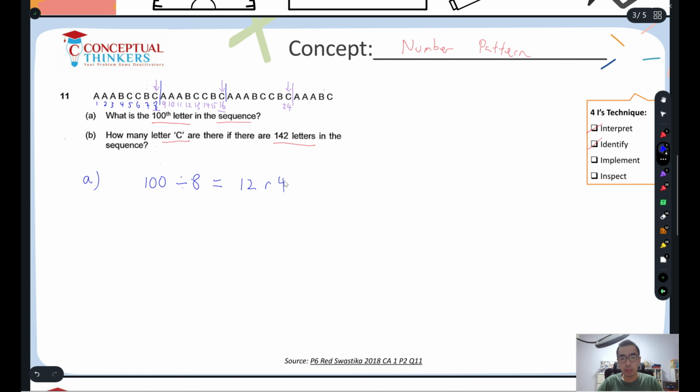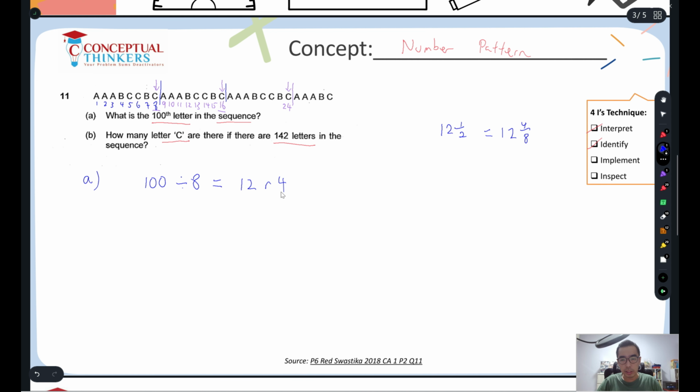When you press your calculator, you probably will get 12 and a half. Since we are dividing by 8, we make our denominator 8. So this can be written as 12 and 4 over 8. This 4 will be your remainder. This is when you use your calculator to do it.